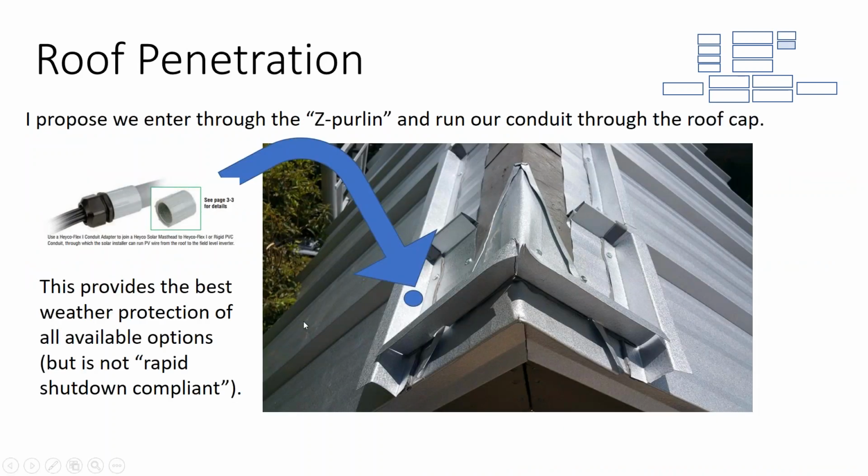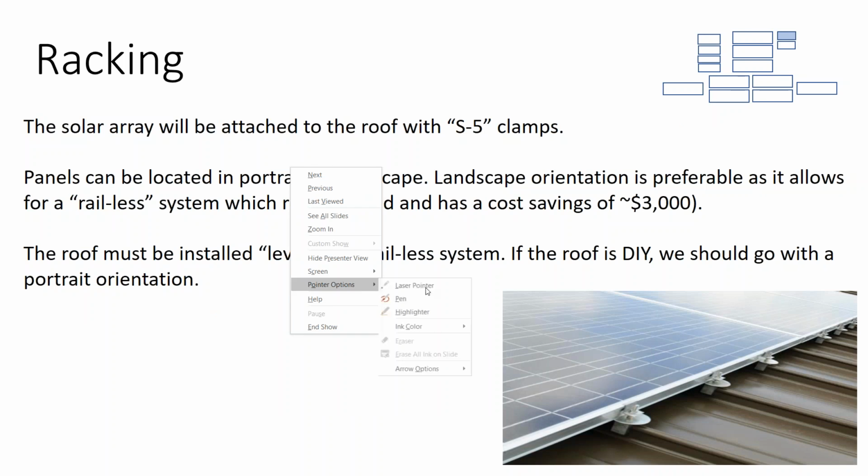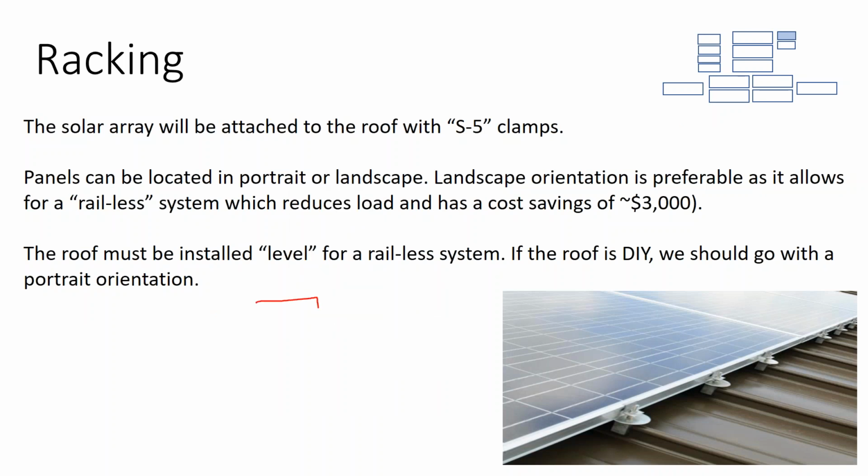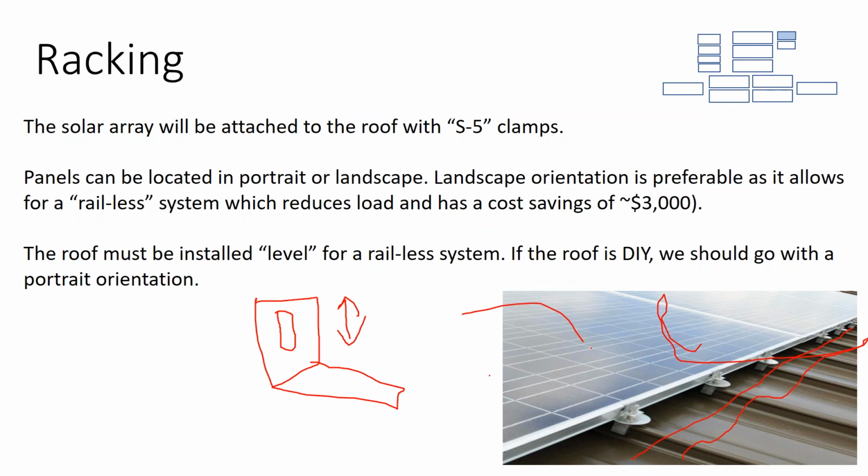So here's your L-foot clip. The rail bolt hole is actually a slot, and that allows you to level the rail up and down. The roof surface is not completely flat. It'll undulate a little bit, and so when you bolt a rigid rectangle onto an undulating surface, it's going to try to torque out of square.